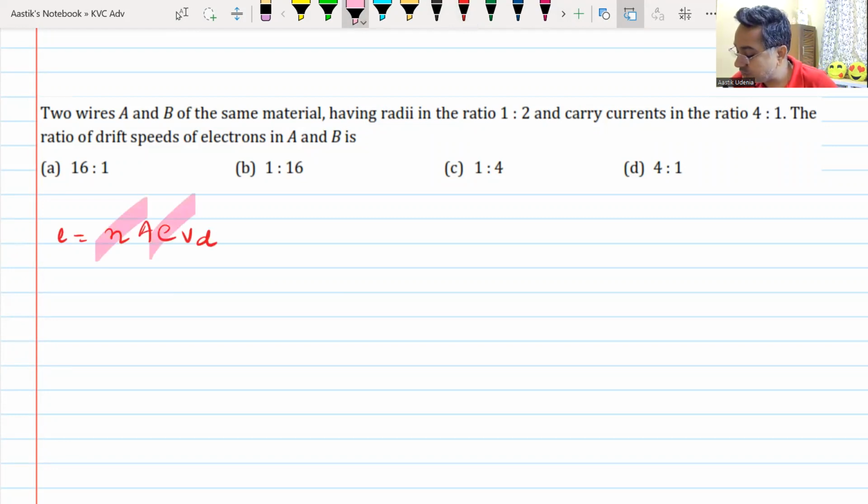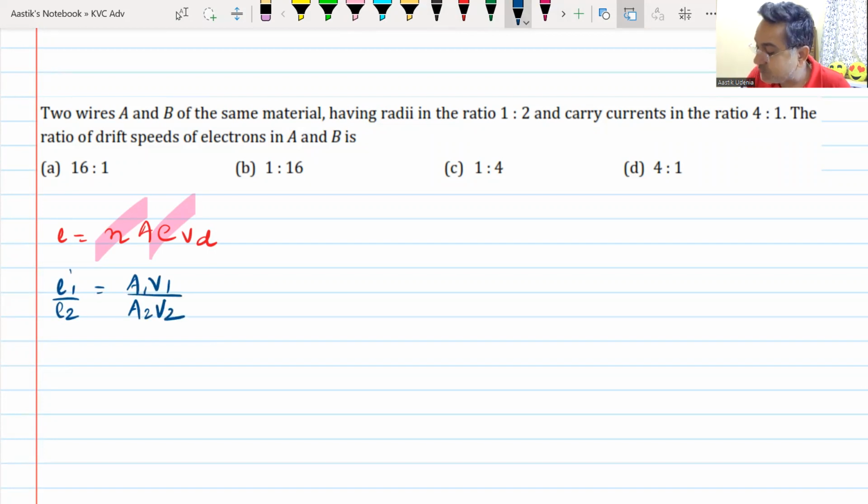I is proportional to A into Vd. Yes or no? Yes, sir. So I can write I1 by I2 as A1 V1 upon A2 V2. Once you put the formula correctly, you will get, I think, 16:1. We understand this? Yes, sir.